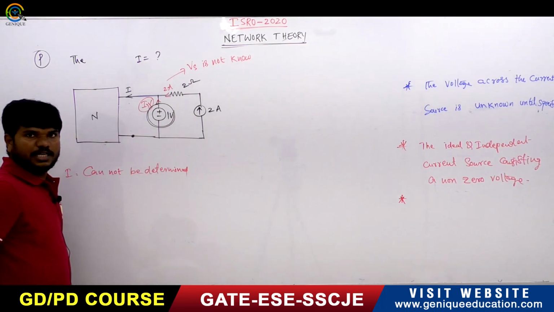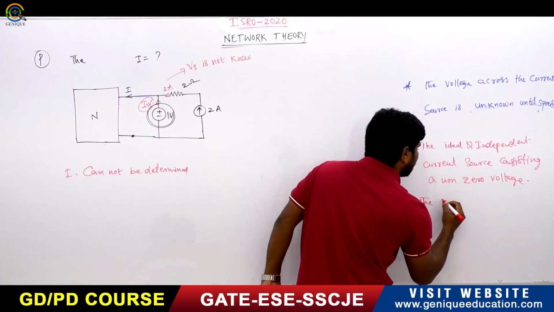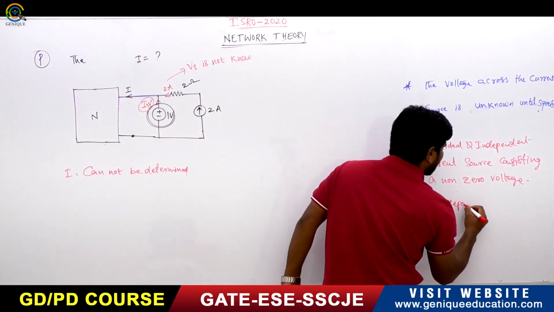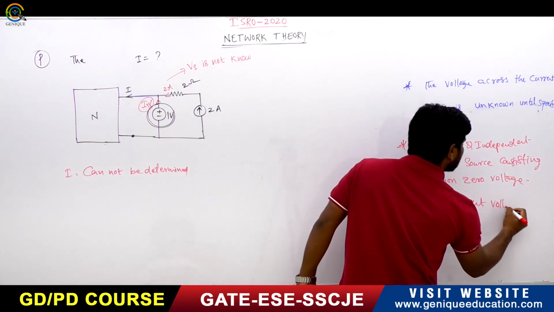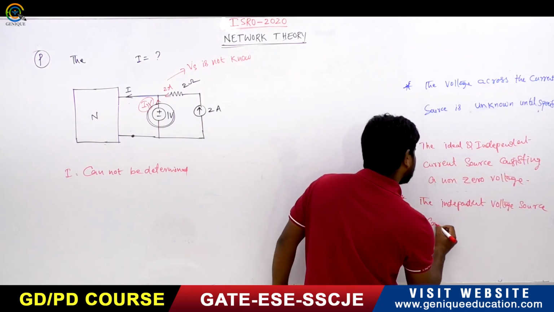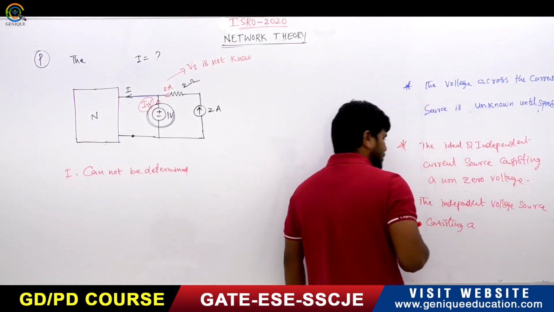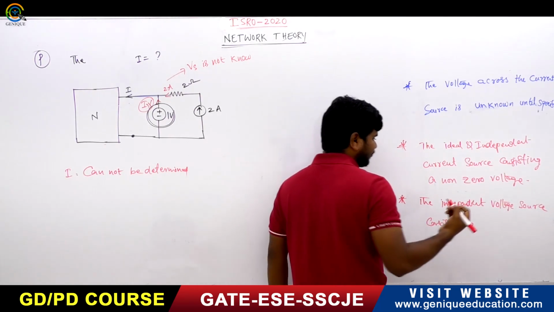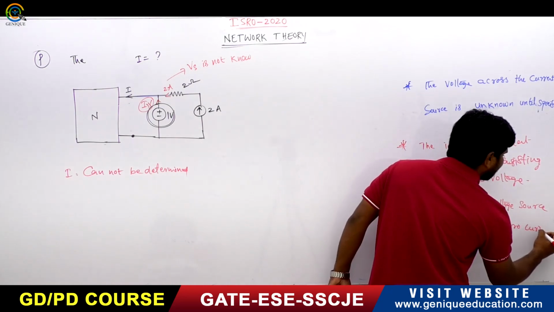Because we don't know how much current it will be giving, the independent voltage source consisting a non-zero current.